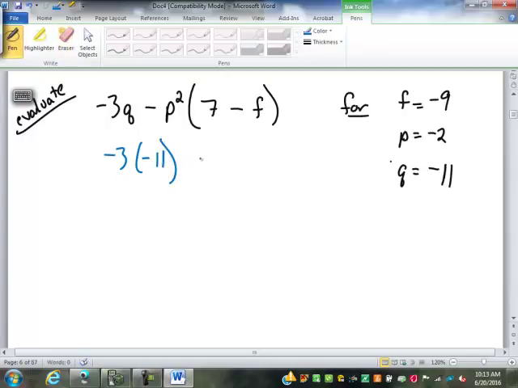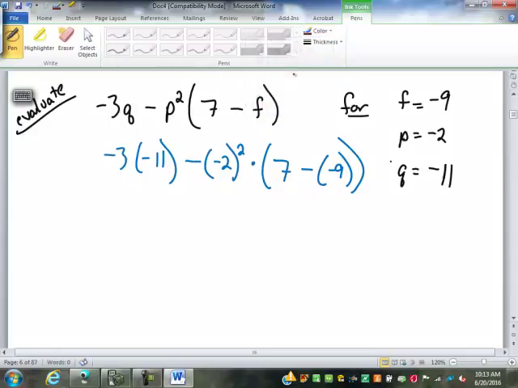Okay. Minus (-2) squared times (7 minus -9). Notice, since each of these was negative, I did put parentheses around them when I replaced the letter with the number.